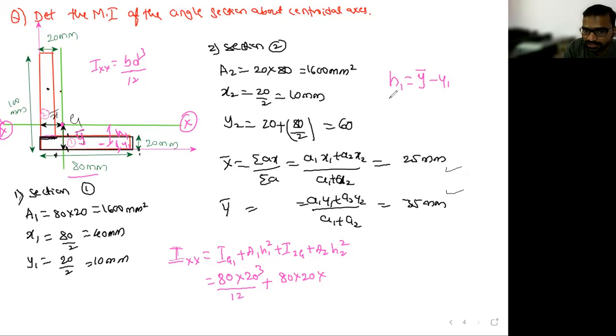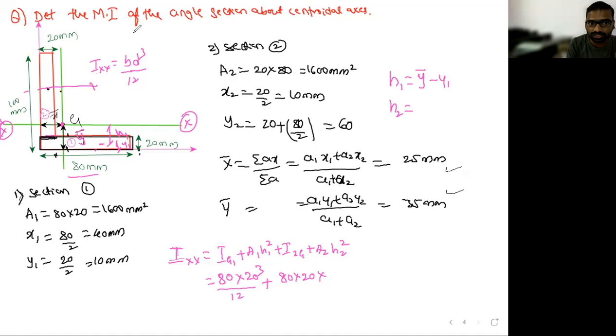Now I want to find H2. How to find H2? It is the distance between the two parallel axes, the centroidal axis and the centroid of plate 2. Where is your plate 2? This is your plate 2. From here to here the total is y2, correct?